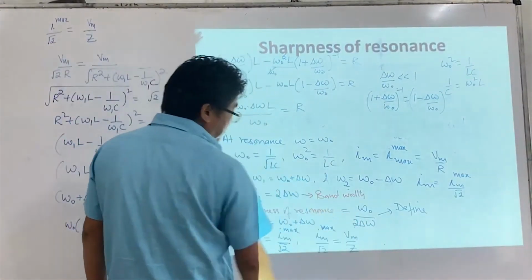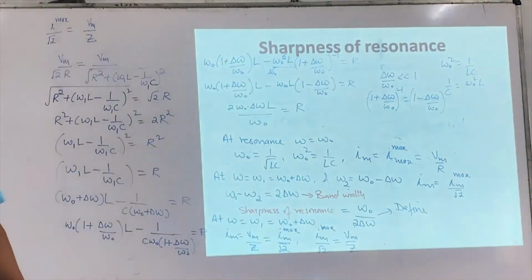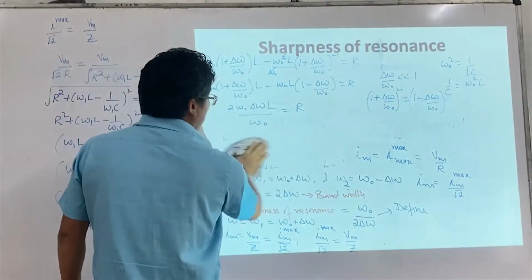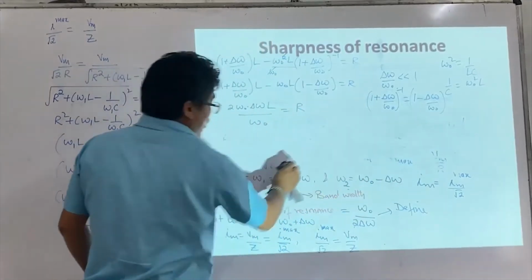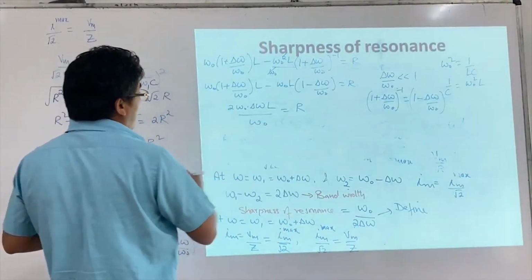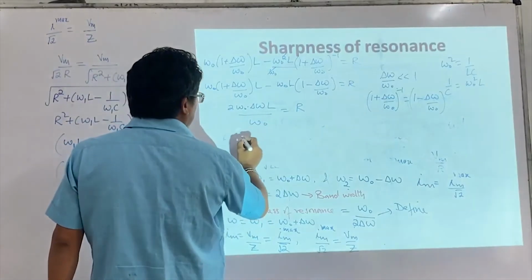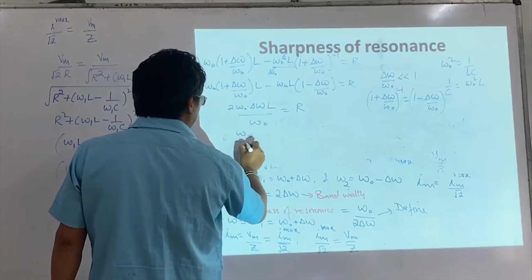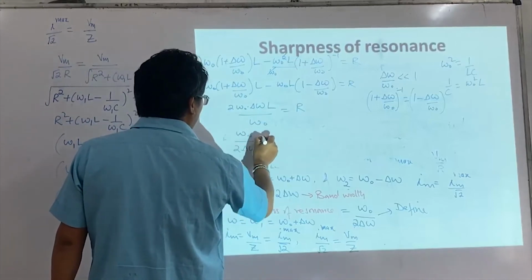This defines the sharpness of resonance, right? So defining the sharpness of resonance, what is that sharpness of resonance? Omega naught by 2 delta omega, right? So I would like to figure this out. So we would write this omega naught divided by 2 delta omega.